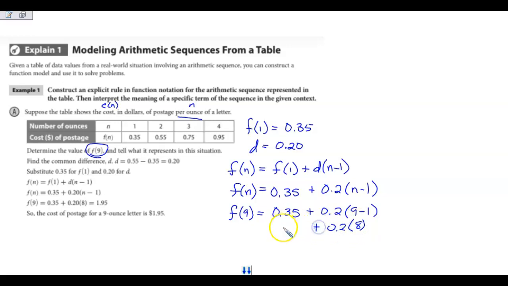Bring everything else down. We have 20 cents times 8 is $1.60. And if we add our 35 cents to that, then we get $1.95. So for 9 ounces, it's going to cost us $1.95.